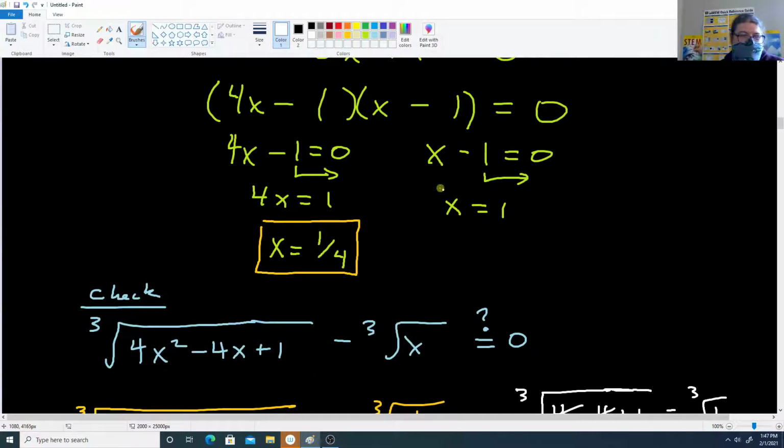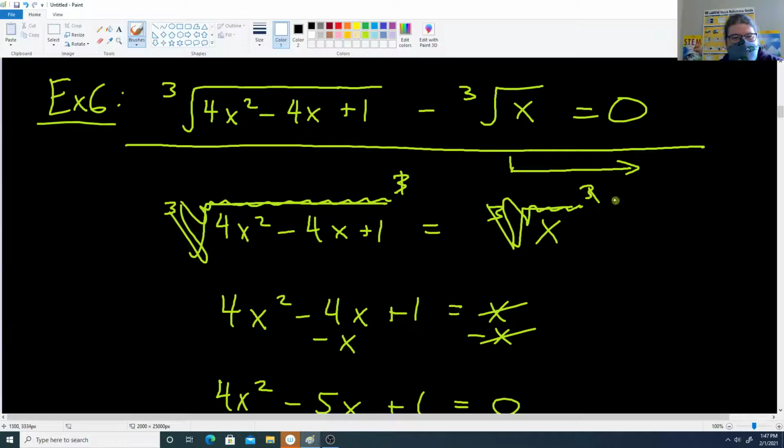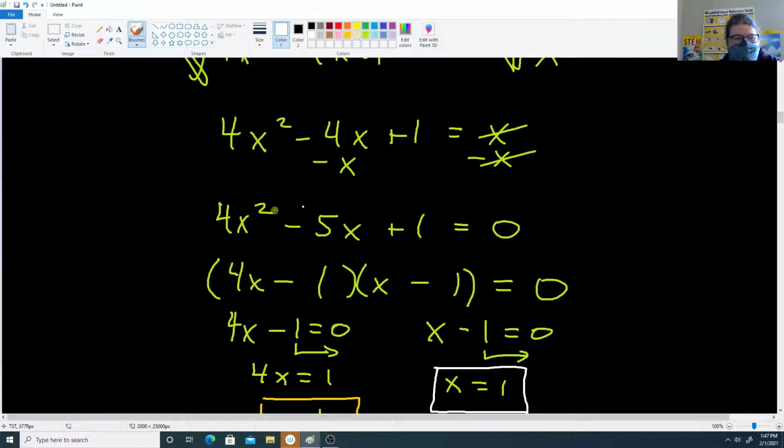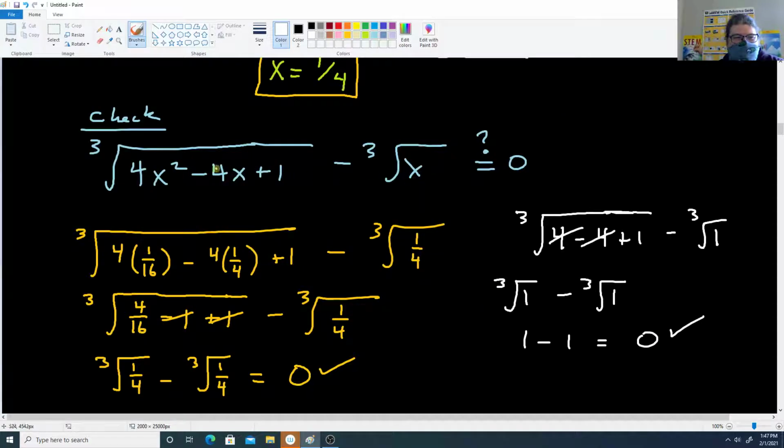So we checked both our solutions and they both worked out okay. So again, we start here, we isolated one of the cube roots by scooting this term across, cubed both sides, took the remaining stuff, factored it down, got our possible solutions, and checked them against the original form to see if they work.